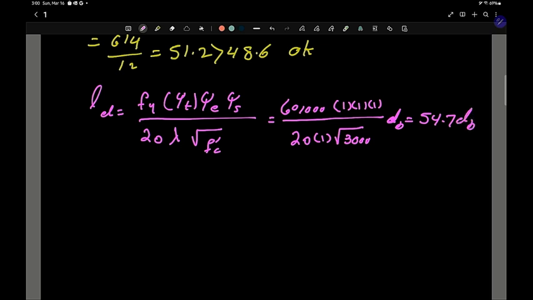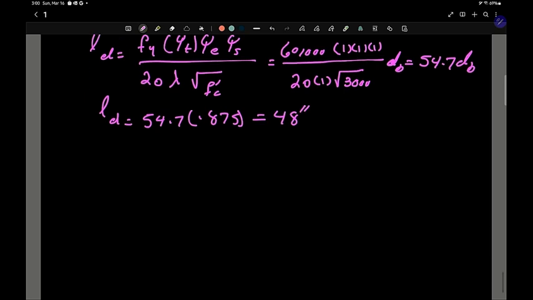Our bar was number 7 rebar, and number 7 rebar has a diameter of 0.875. So our LD is equal to 54.7 times 0.875, and that will give us 48 inches. How do you like that?